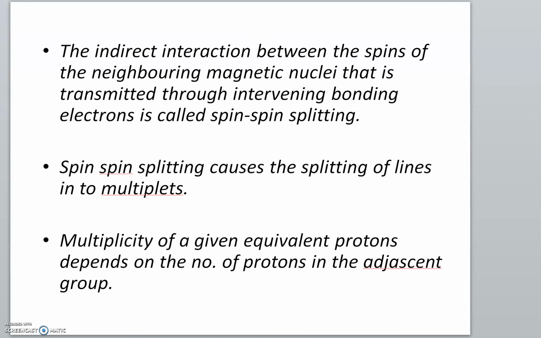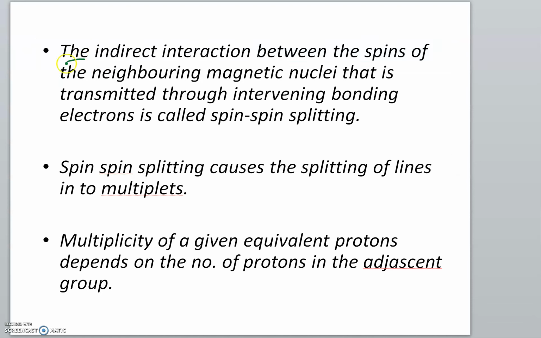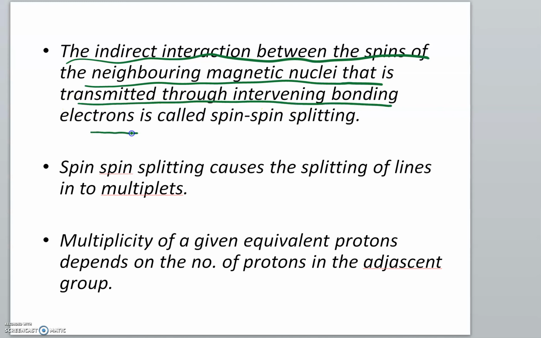Spin-spin splitting is the indirect interaction between the spins of neighboring magnetic nuclei that is transmitted through the intervening bonding electrons. The indirect interaction between the spins of the neighboring magnetic nuclei, that is neighboring protons, is transmitted through the intervening electrons.